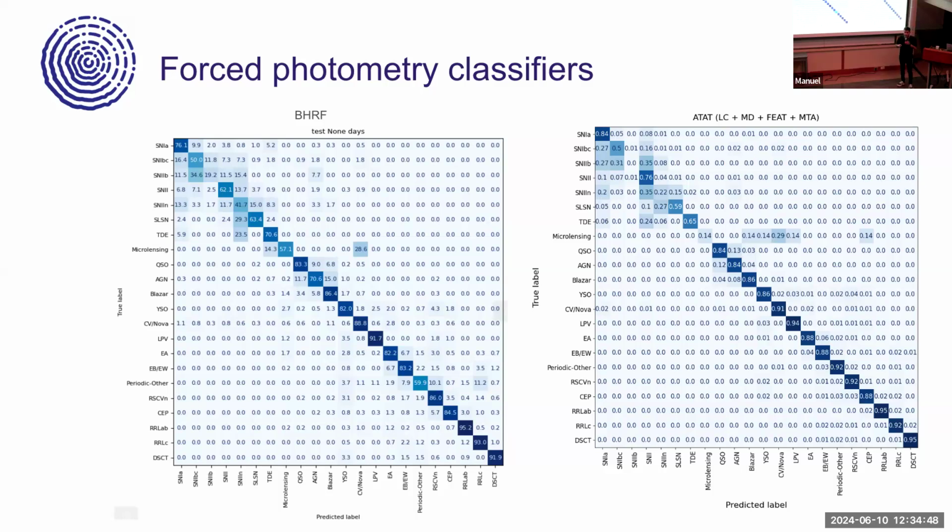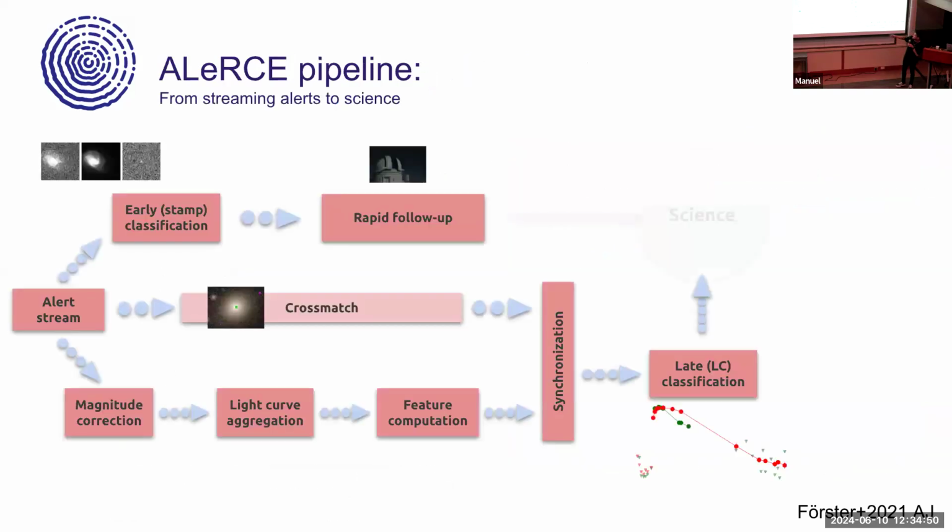Thank you. For the features that are computed through the pipeline, for some of the features we need at least 6 detections in one of the bands, green or red. So the minimum number of detections is 6 to complete the full list of features that we have.